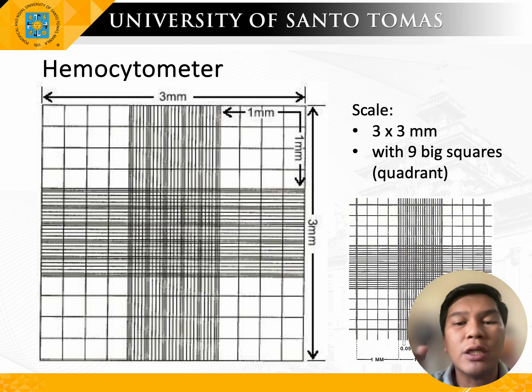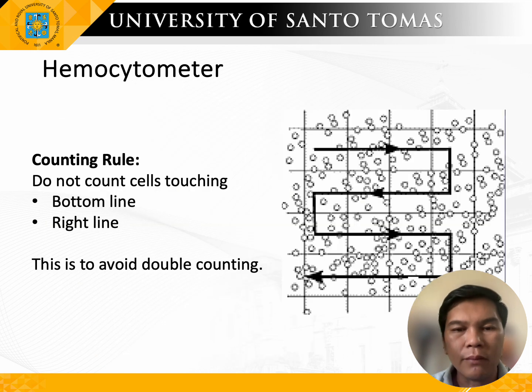In quadrant 2, rather, 4 by 5. But in quadrant 5, specifically in the center, we have a 5 by 5 quadrant. Sorry, not 5 by 5 millimeter, but 5 by 5 squares. So we have 5 squares on top, and at the same time 5 squares at the bottom.